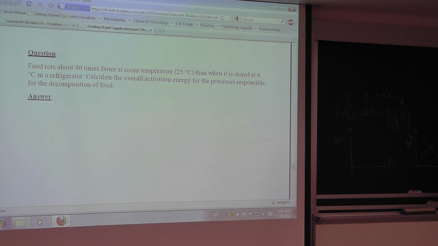ln K2 over K1 is equal to ln A, and ln A will cancel. And then you have minus E sub A over R, and this is going to be 1 over T2 minus 1 over T1.